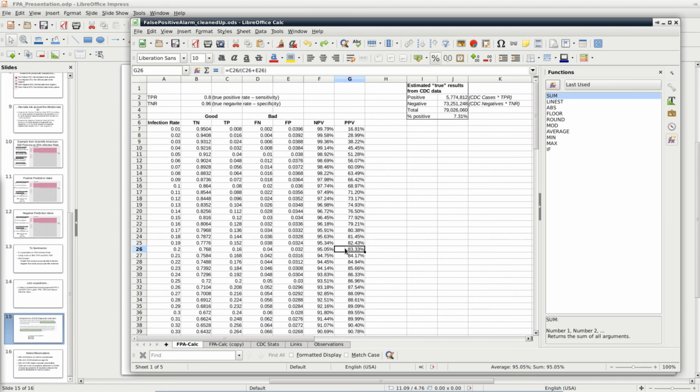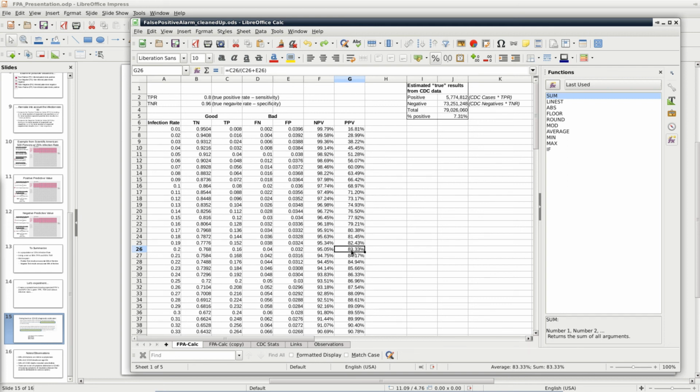However, at 20% infection rate, the positive predictive value is only 83%. So in that population, someone who receives a positive test result is actually only 83% likely to be a true positive. It's about 17% likely that it's a false positive.